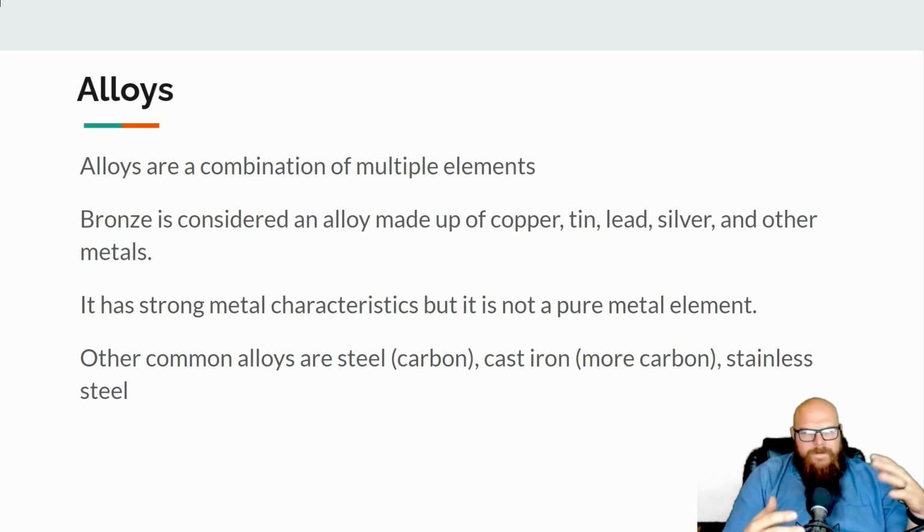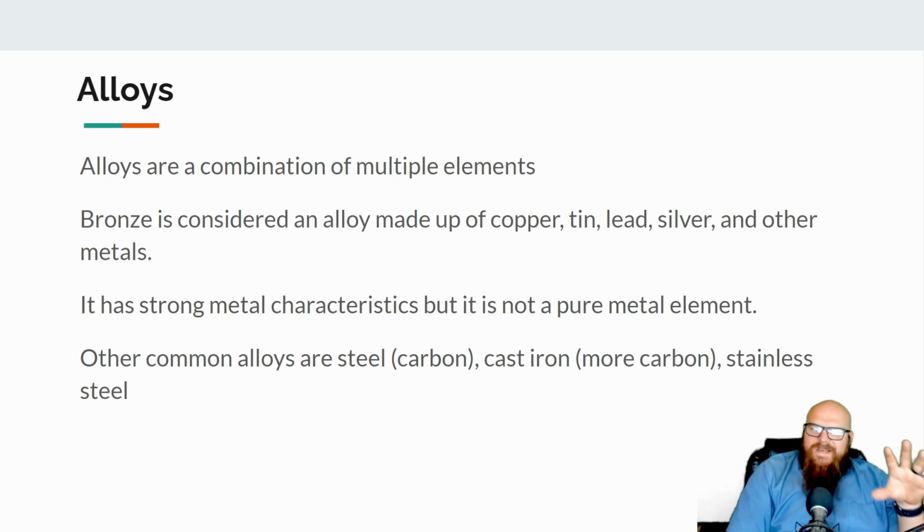So the mixing of these metals has a huge part in history. It's not a pure metal element when we mix them, so it is a combination. We essentially melt them down, add stuff together, and then we get different characteristics.